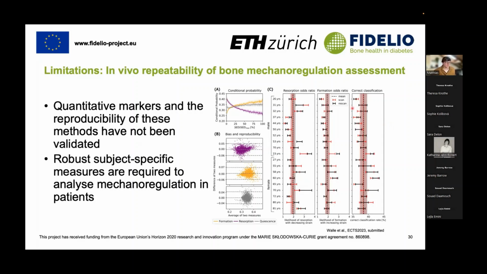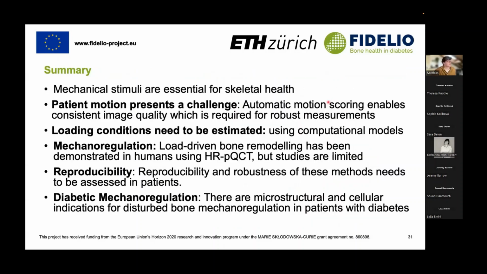In this study, we're currently trying to validate with scan-rescan pairs if we can reassess mechanoregulation in individual patients and to what degree, and then classify the precision of these methods. Once this is done, we're hoping that we can analyze bone mechanoregulation in diabetes patients.